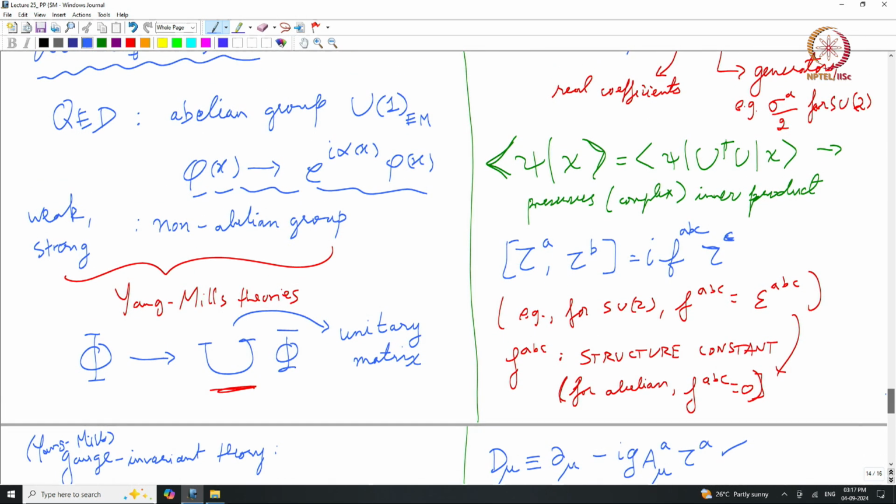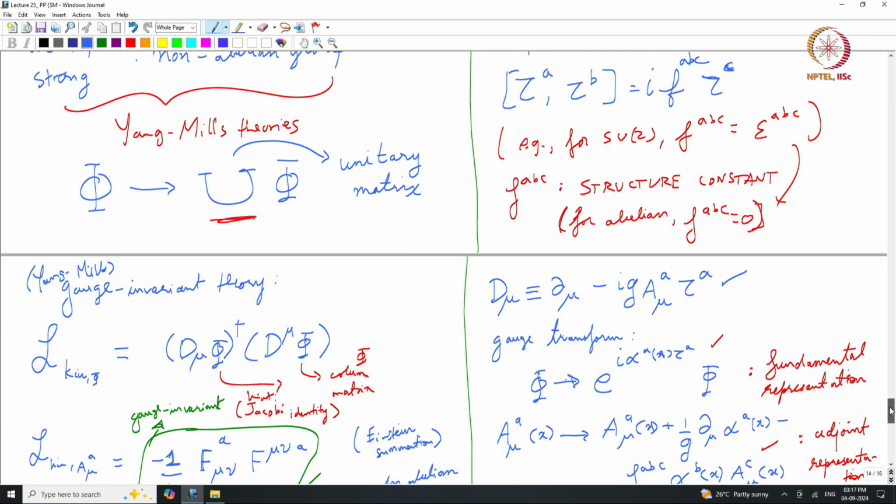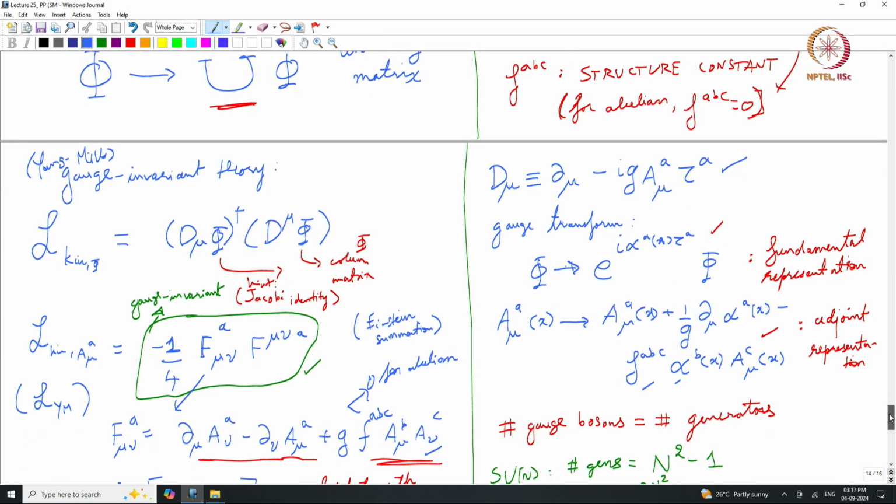And we saw that you needed a structure constant that gave you the Lie algebra of the generators of the unitary group, correct? And the structure constant uniquely determines what group you are talking about, right?